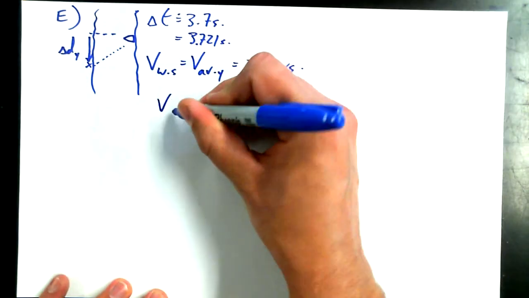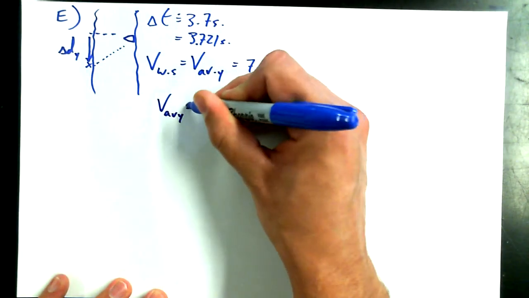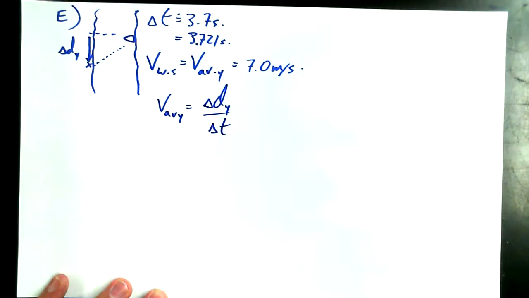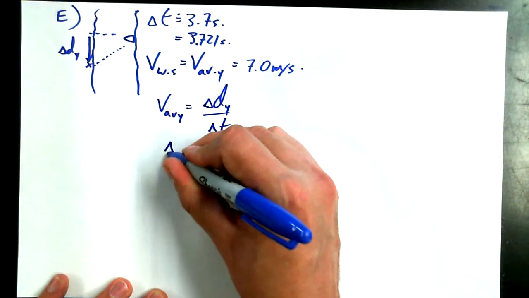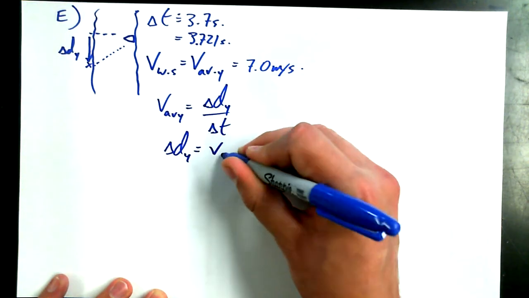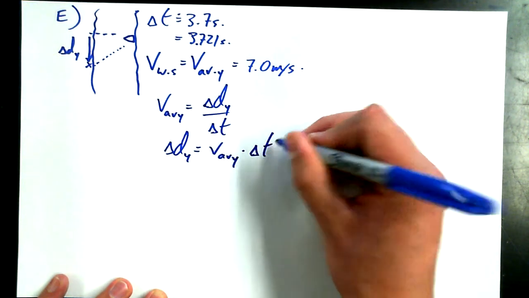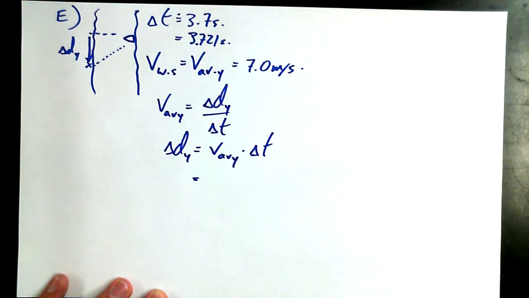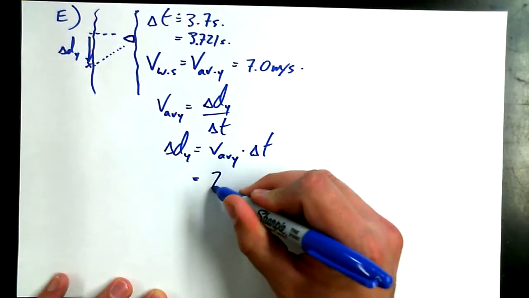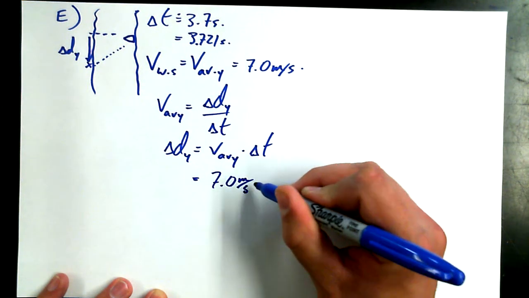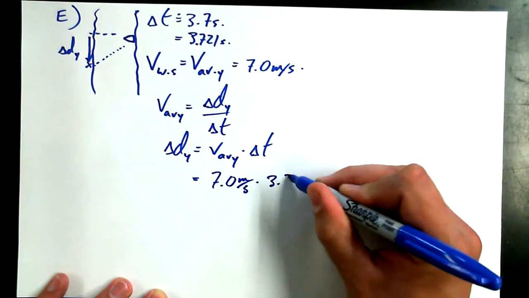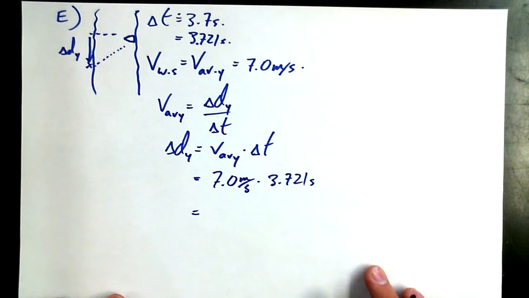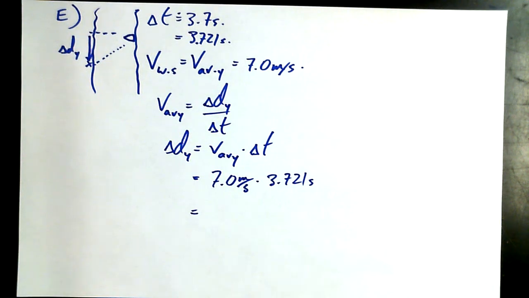So V average in the y direction is equal to delta D in the y direction divided by delta T, or getting delta D in the y direction by itself, delta D y is equal to V average in the y direction times delta T. Really, these are vectors, but I'm dropping out the vector signs for now. V average in the y direction, 7.0 meters per second times 3.721 seconds. It's going to be somewhere between 21 and 28, closer to 28.